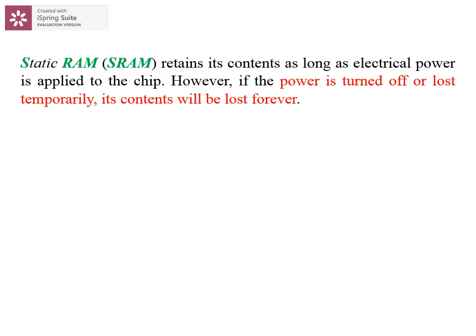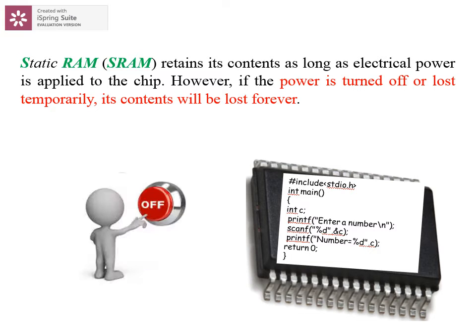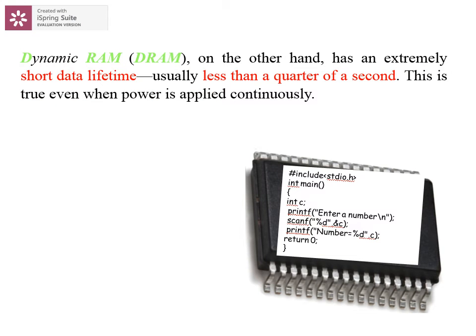Static RAM retains its contents as long as electrical power is applied to the chip. However, if the power is turned off or lost temporarily, its contents will be lost forever. Dynamic RAM, on the other hand, has an extremely short data lifetime, usually less than a quarter of a second.